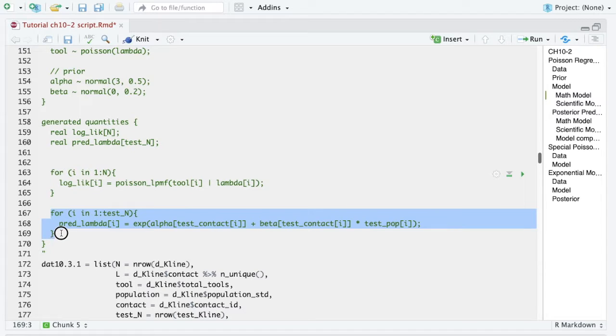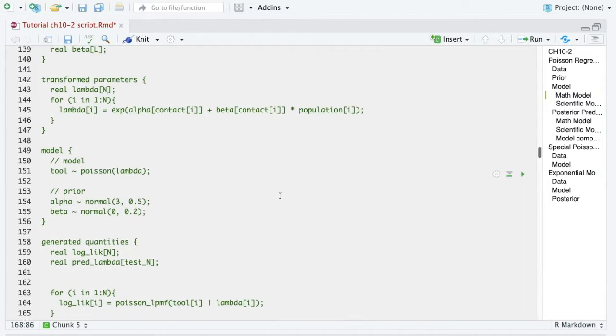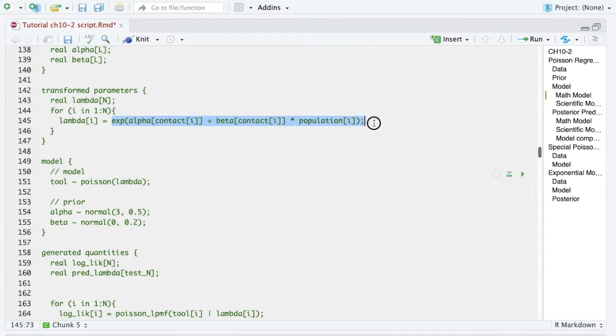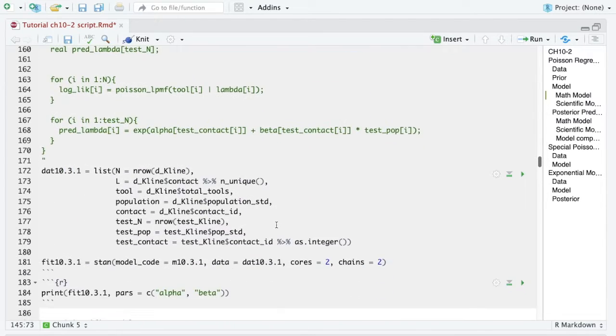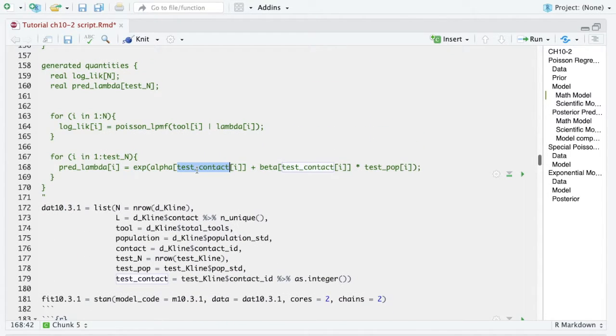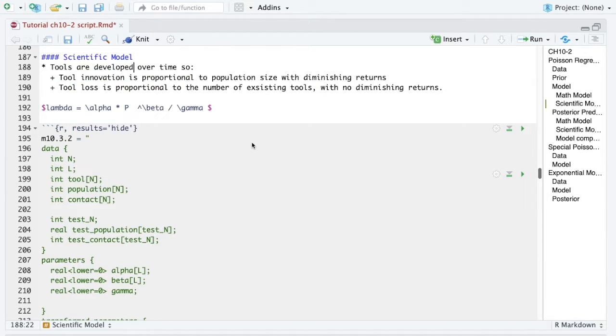And we make the predictions here. So we need to make predictions for length test n. So the for loop is from 1 to test n. The prediction lambda is calculated here, using actually the same linear relationship as what we did in transformed parameters, but now we replace the contact and population predictor with the testing data, test contact and test population. And then let's look at the second model.